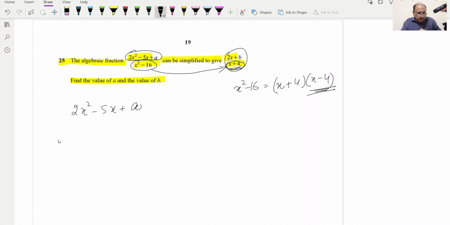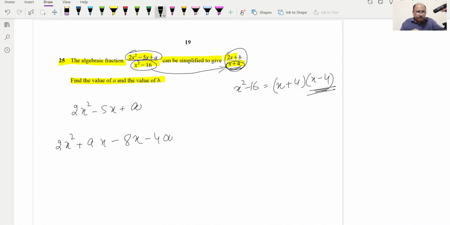So it will be 2x squared, and if we write something ax and minus, we can write 8x minus 4x, the 4a basically, minus 4a.